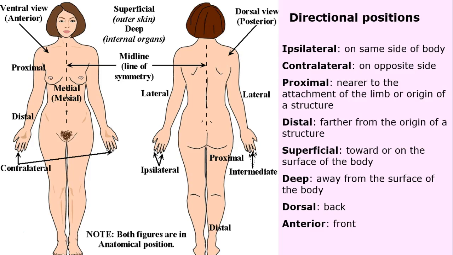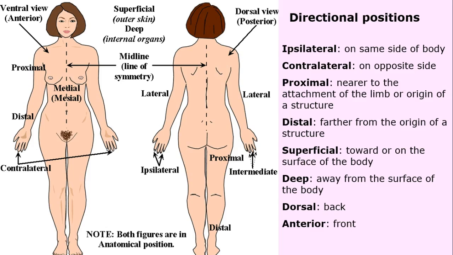So if you look at the diagram on the far left, the two hands are on opposite sides of the body. Proximal, that is nearer to the attachment or the base of the limb. So proximal, let's see, where's our example? Yeah, I guess the upper leg near the buttocks would be proximal because it's near the attachment to the torso. Distal is further from the origin of the structure, so distal, let's say the foot, the diagram on the right.